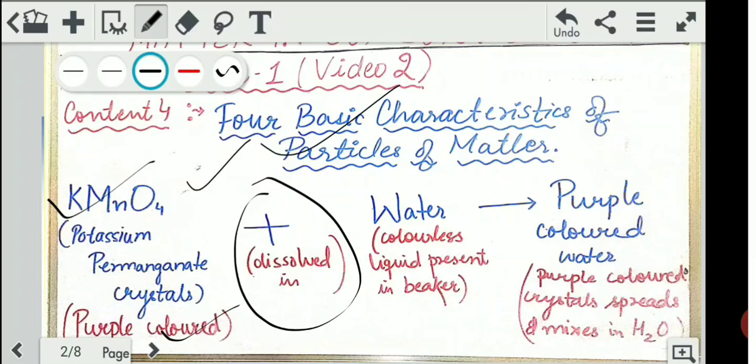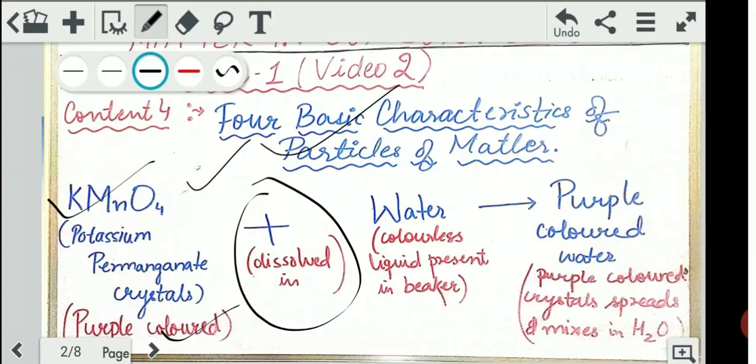When you drop ink anywhere, it immediately spreads its blue color all around. Similarly, when these potassium permanganate crystals are added to water, they immediately spread their purple color into the whole beaker. This shows that the particles of KMnO4 are actually very small, so that they mix very quickly, right?